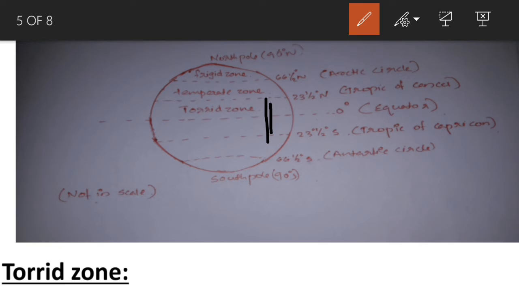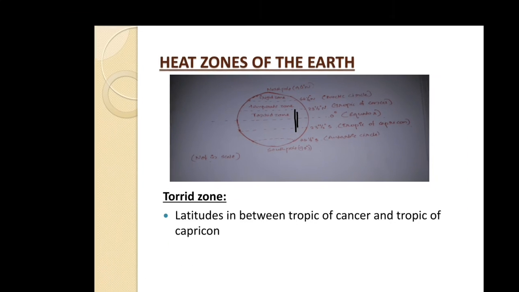Here, in order to avoid confusion, I have written only the areas in the northern hemisphere. All the zones in the northern hemisphere are also present in the southern hemisphere. So, the torrid zone is present in between 23.5 degree north and 23.5 degree south, or in between the Tropic of Cancer and the Tropic of Capricorn.